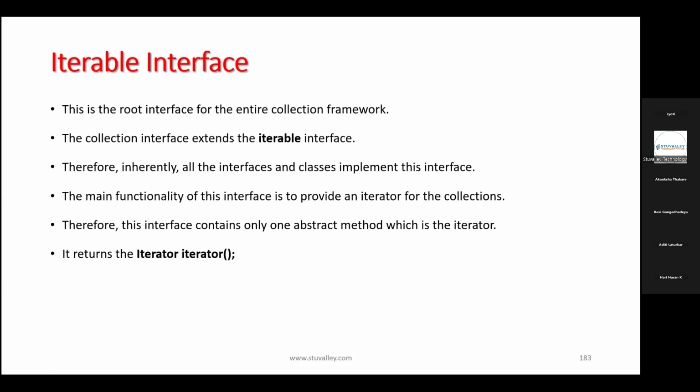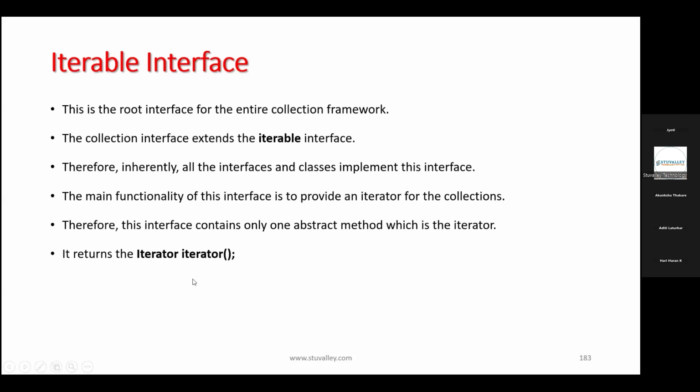That means just as we use a for loop for displaying the data or iterating over any array, similarly, if you want to iterate over these collections, we use an iterator. Therefore, the interface contains only one abstract method, that is the iterator method, which returns an Iterator object.